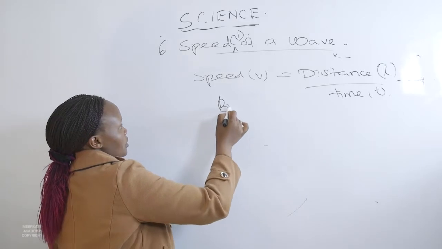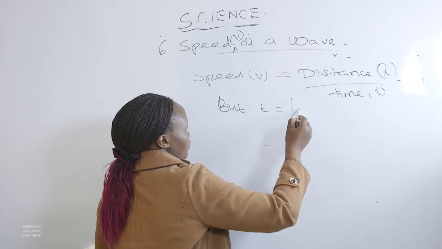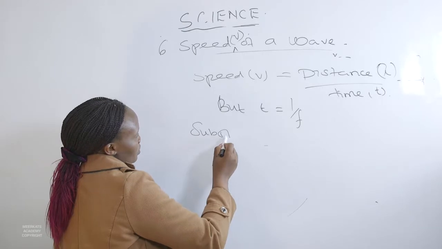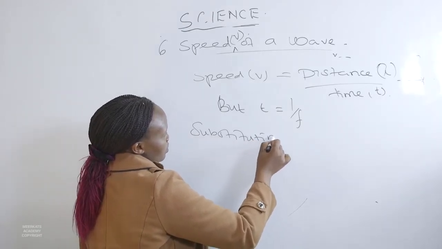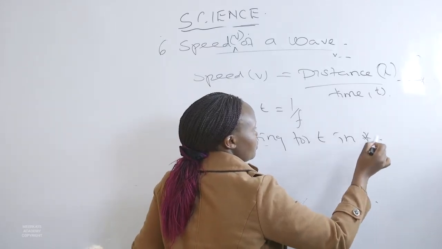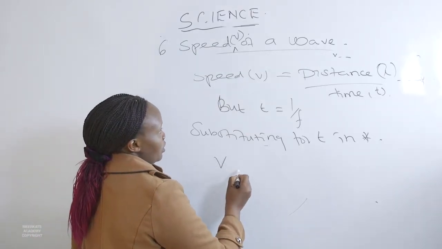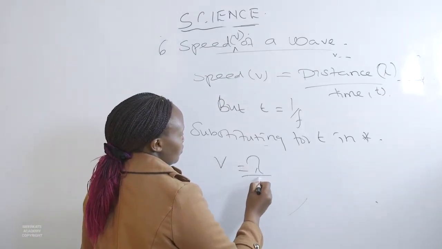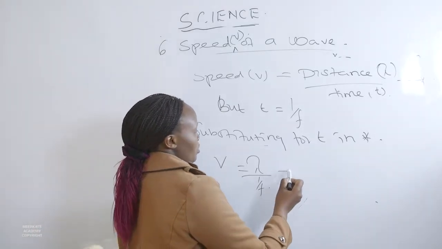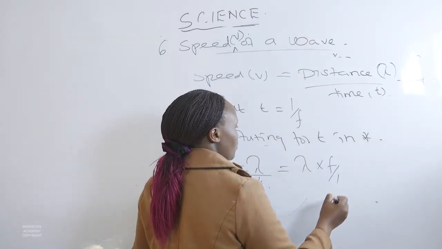We say T is given by 1 over frequency. Therefore, substituting for T in star is going to give us V being equal to lambda over 1 over frequency, which is the same as lambda multiplied by F over 1.